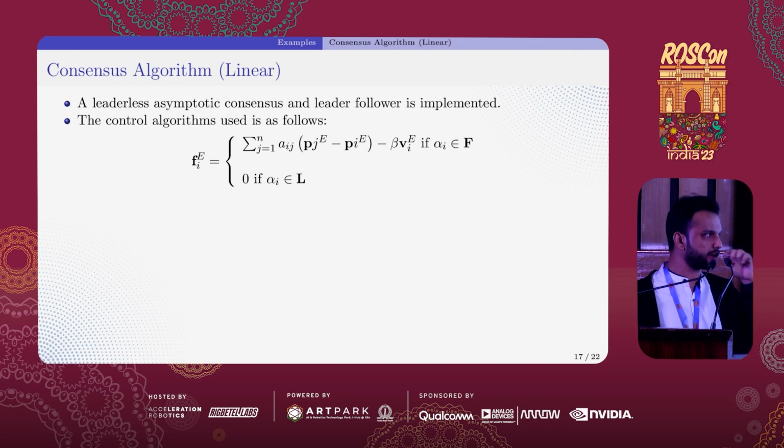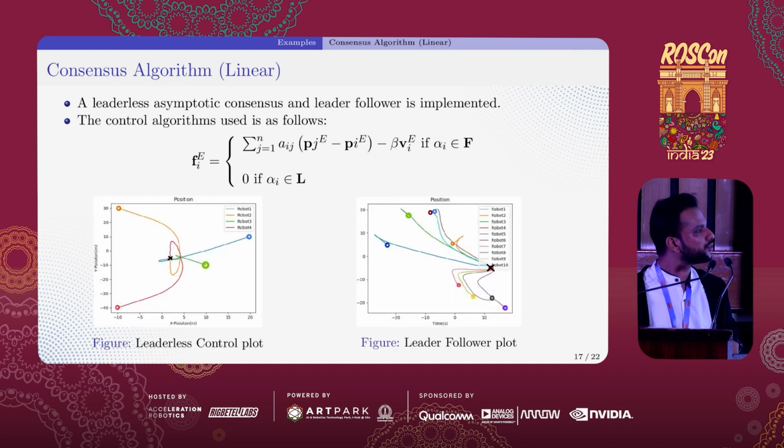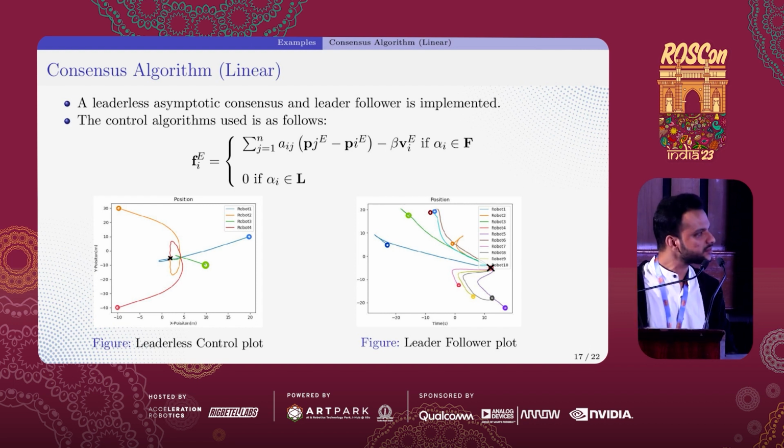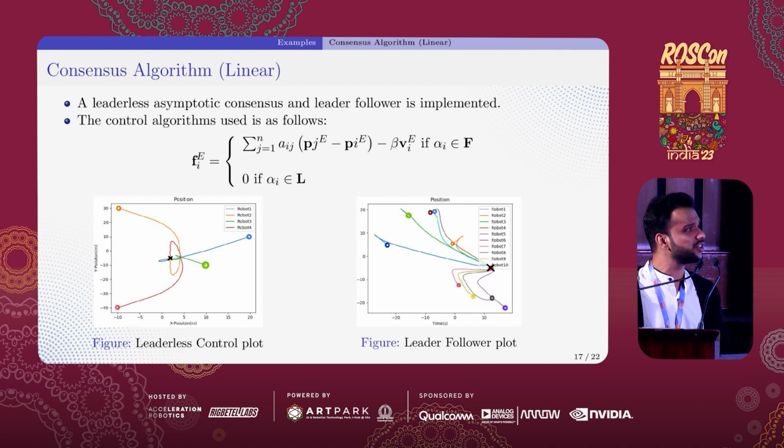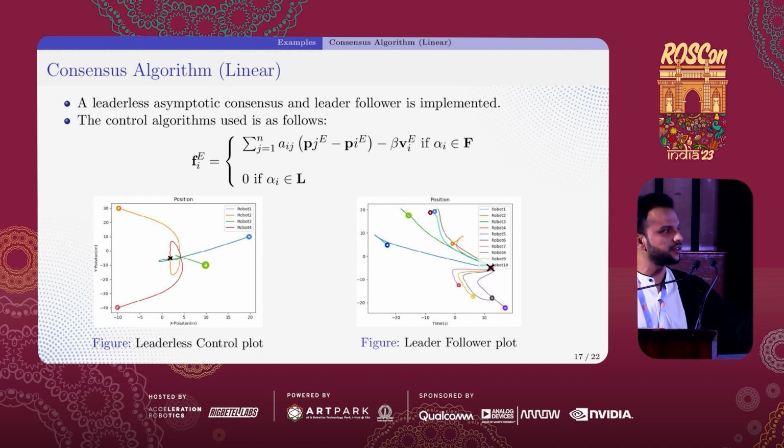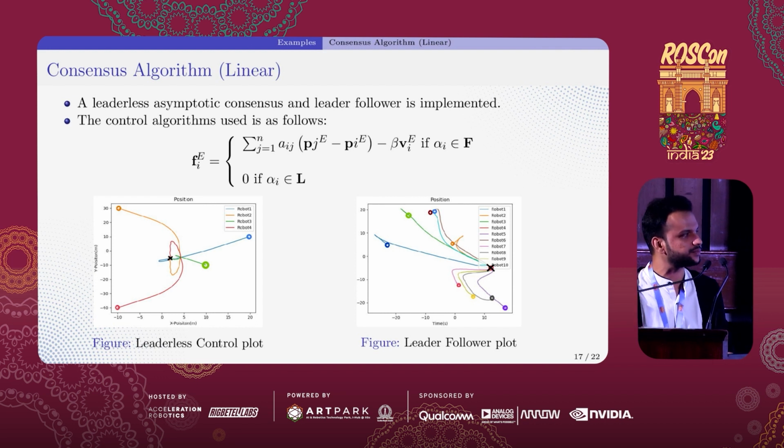Our control algorithm won't be controlling it. In these plots you can see there were 4 agents, and the circles show their starting positions, and after the control algorithm starts, they all get aligned to a single position. Similarly, there was a leader-follower case following one robot which is in orbit.